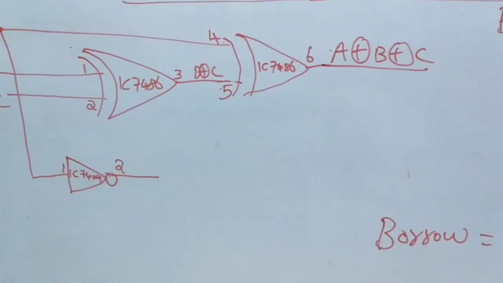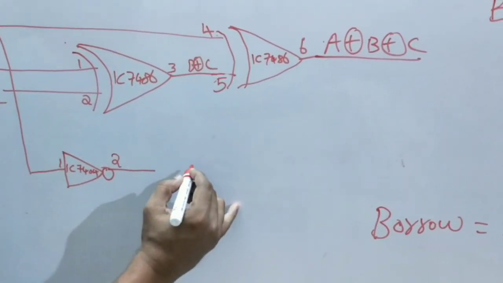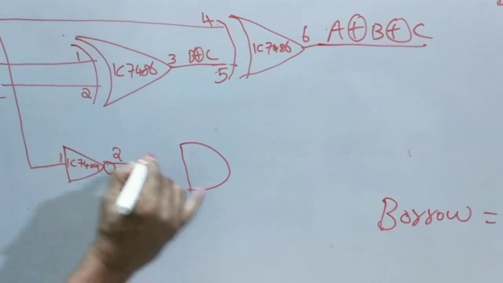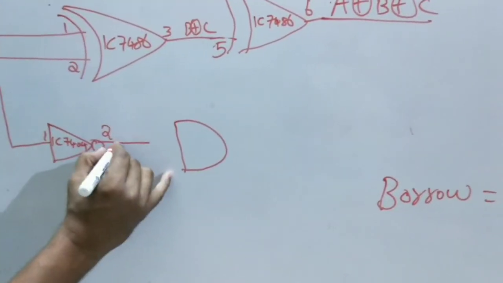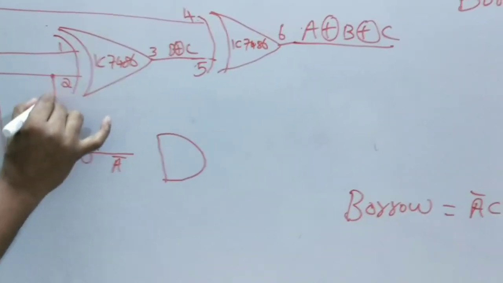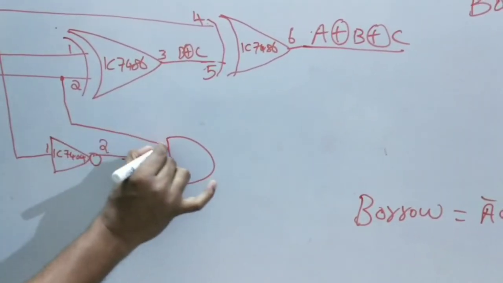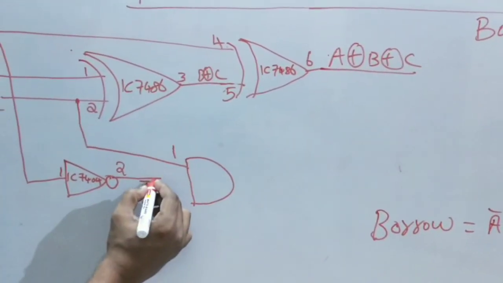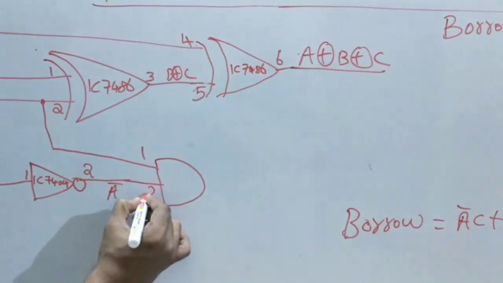Okay. Then I am going to combine it with the C value, right? This is A dash. C I am going to take from pin number 2. I am going to give it as the input of the AND gate using pin number 1.